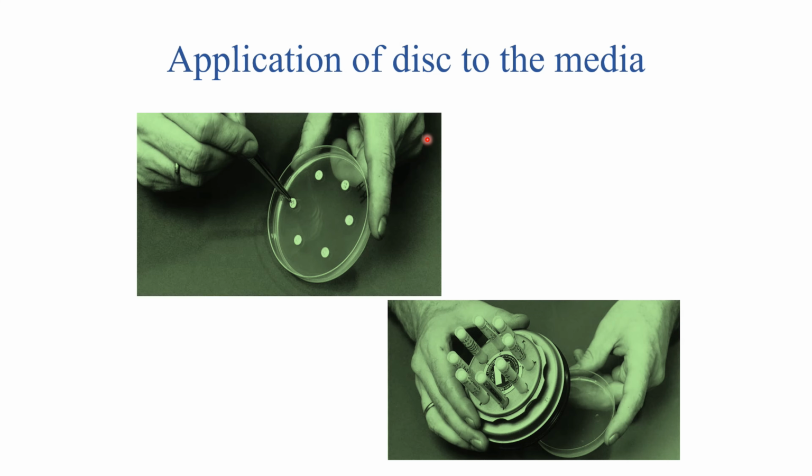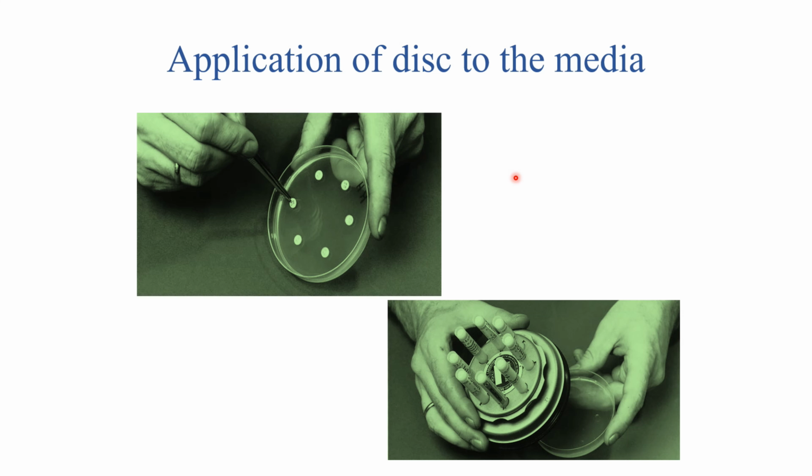So in this application of disc to the media, we will take the disc. Depending upon the organism, the selection of disc or antibiotics will be different. And this disc, as we already said, is a filter paper disc impregnated with antibiotic of known concentration.